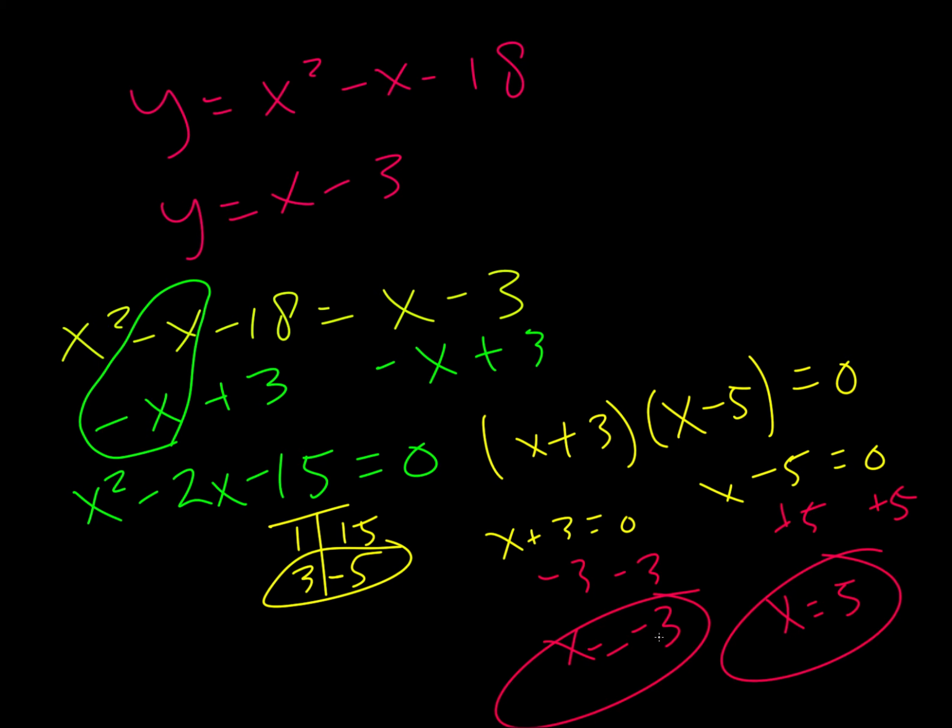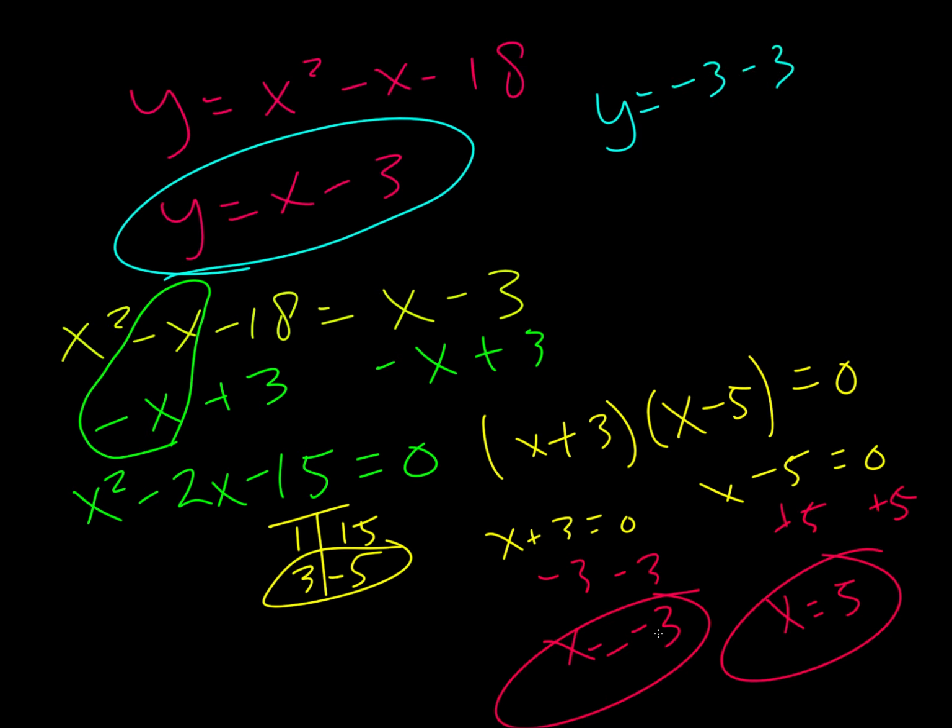But what we need to do is we need to plug these into either of the equations and find the y values that correspond to those. Now, this equation is much easier to use, so I'm going to use that one. So y equals -3 minus 3. So I'm plugging in this -3. And so y equals -6.